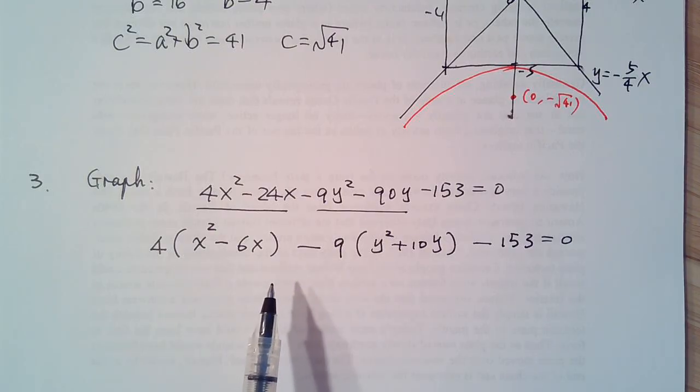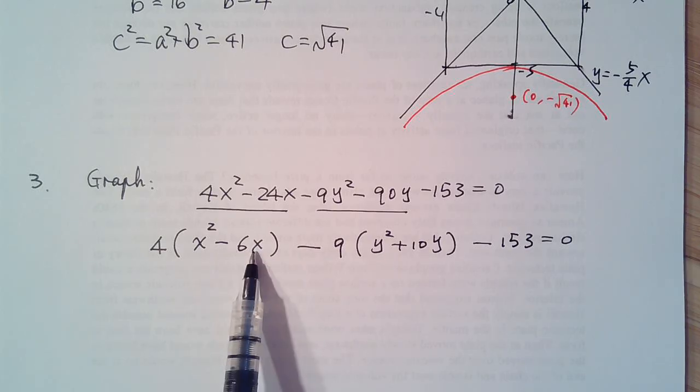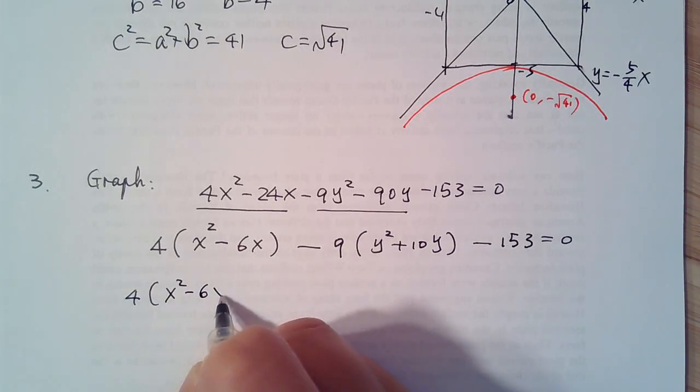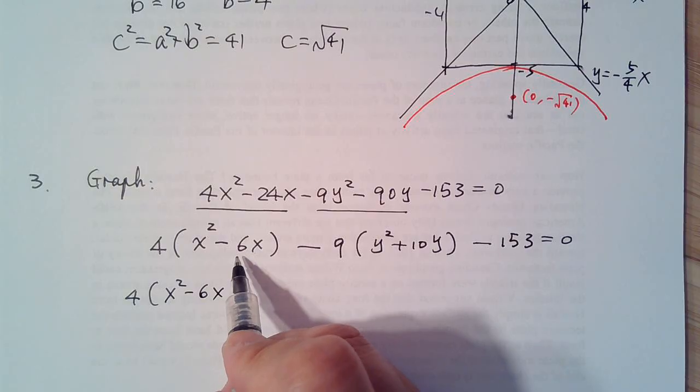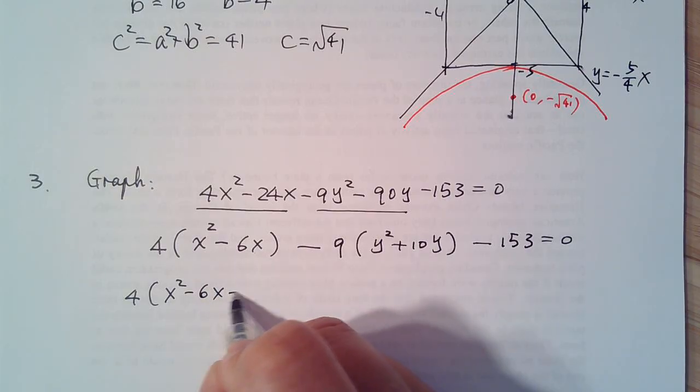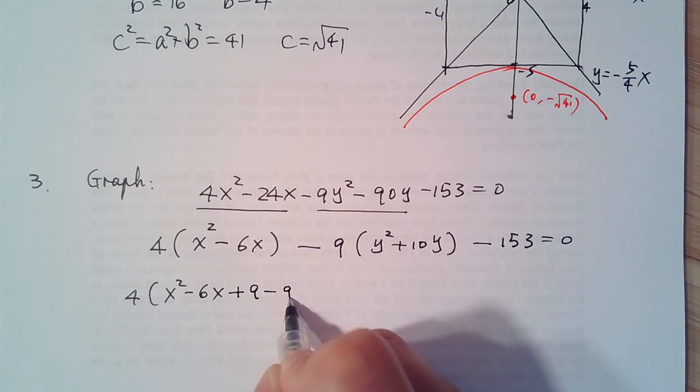So how do we complete the square? We just take the linear term, use that coefficient, chop it in half, and square it. Which means chop this in half, I mean -3, and then square it, so I get 9. What I do is plus 9 minus 9.